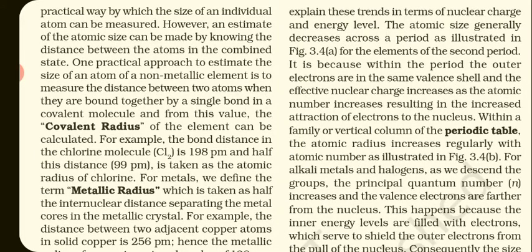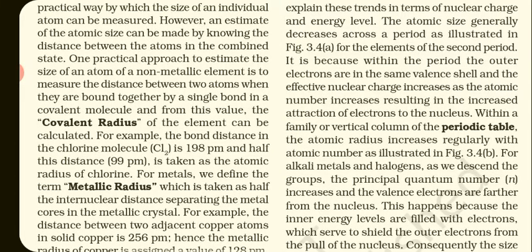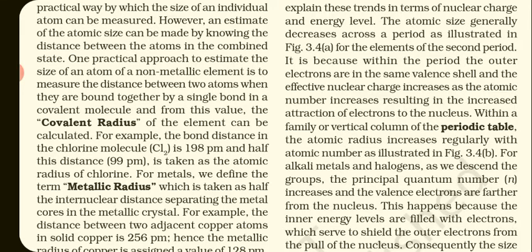Let us explain these trends in terms of nuclear charge and energy level. As the nuclear charge increases from left to right, the atomic radius decreases. So the atomic size generally decreases across a period, as illustrated in table 3.4a for the elements of the second period.